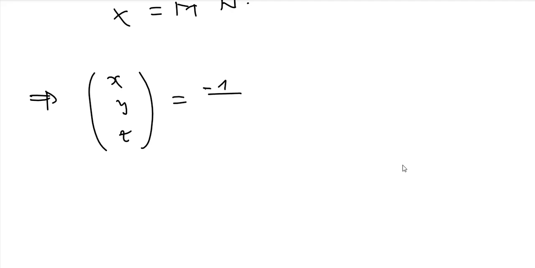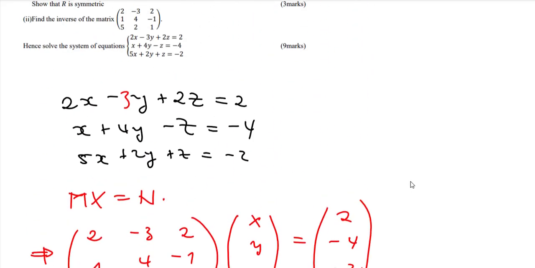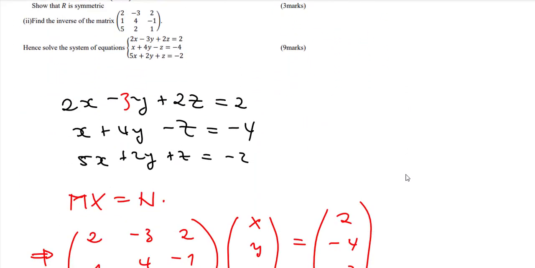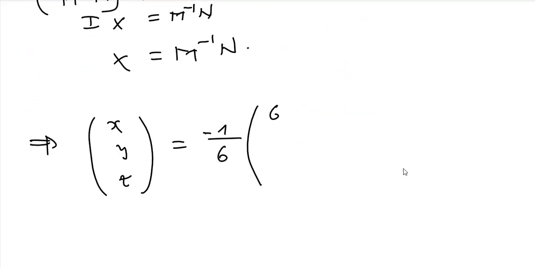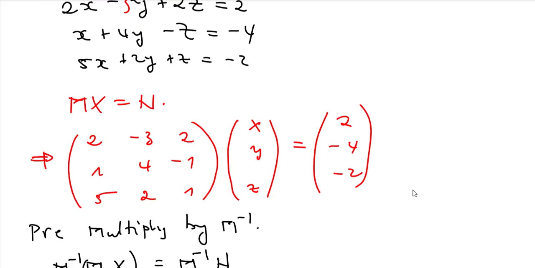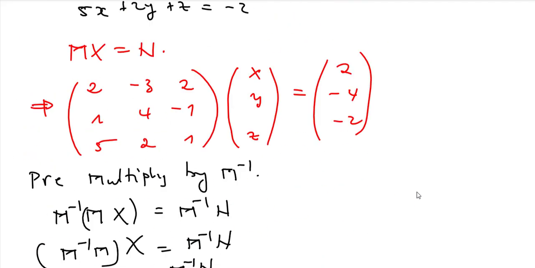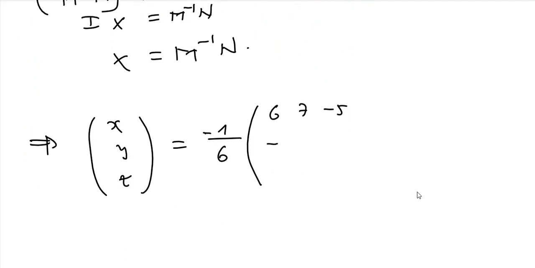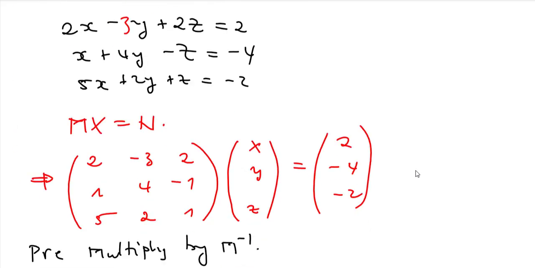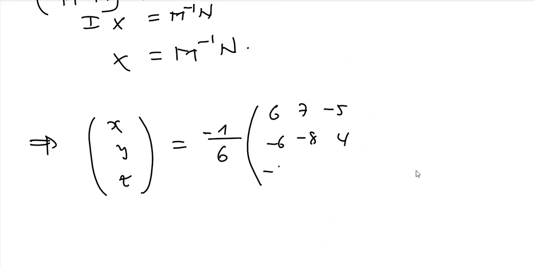So this implies that since our x is the column matrix x, y, z, we have x, y, z simply equal to M inverse, which is negative 1 on 6, all of that times 6, 7, negative 5, negative 6, negative 8, 4, and lastly negative 18, negative 19, 11.